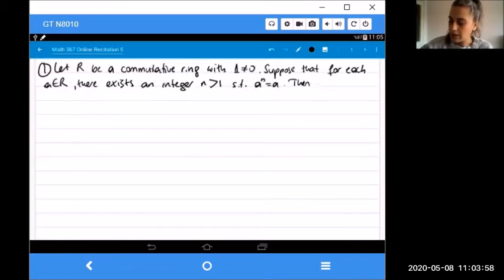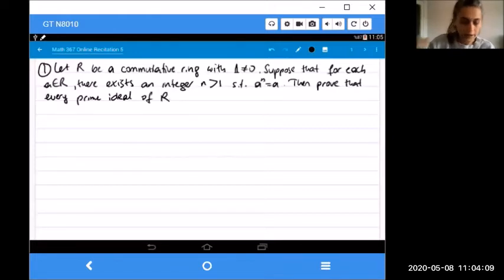Then prove that every prime ideal of R is maximal. For this one, we start with taking a prime ideal.